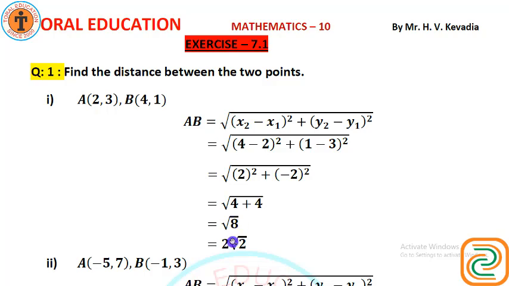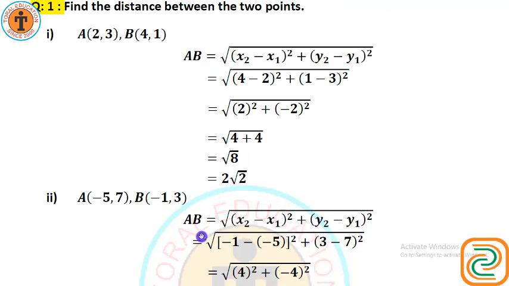So we have taken 2 as square root of 4 and 2 root 2. Square root of 8 is 2 root 2 because 2 into 2 into 2, 3 times 2. So 2 into 2 means 4. Square root of 4 is 2. So we have taken it out.